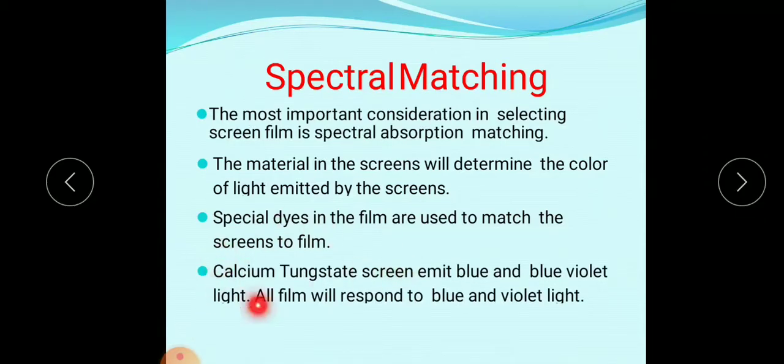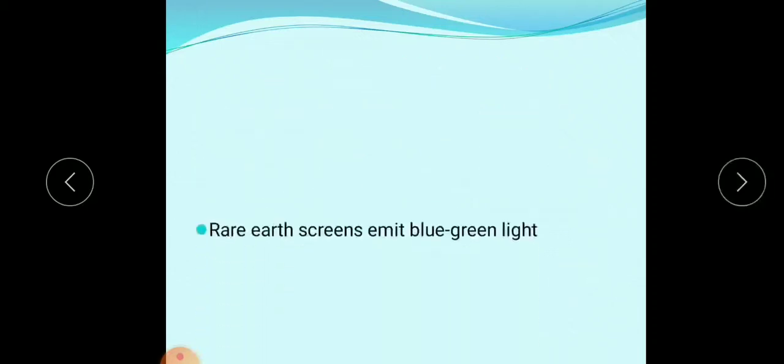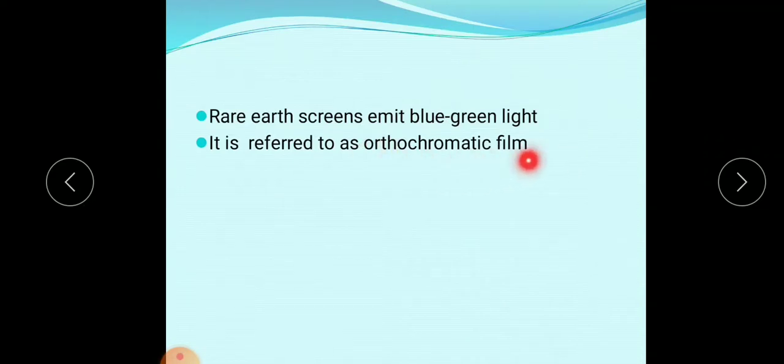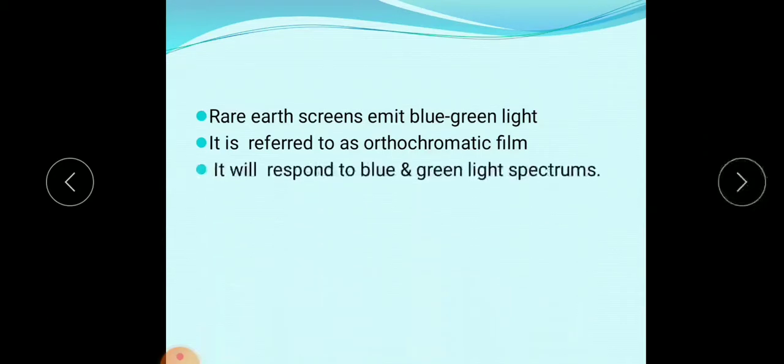The calcium tungstate screen emits blue and blue violet light. All film will respond to blue and blue violet light. Rare earth screens emit blue green light, which is referred to as orthochromatic film, and it will respond to blue and green light spectrums.